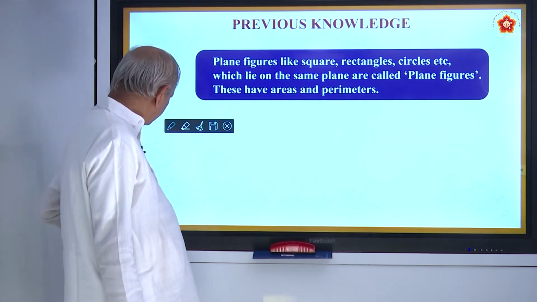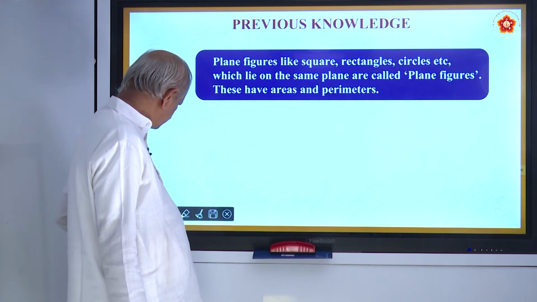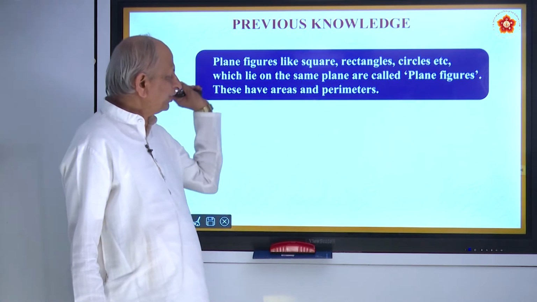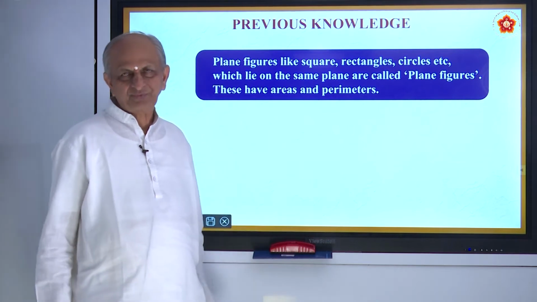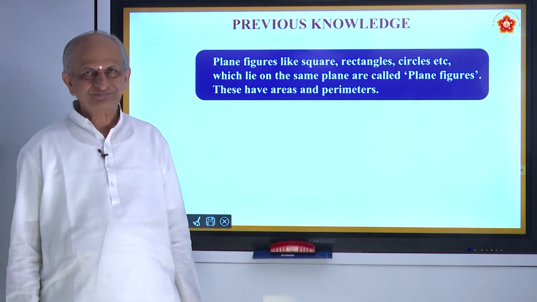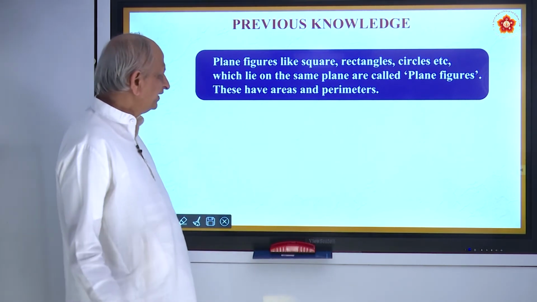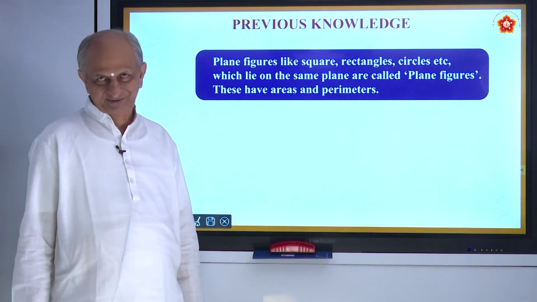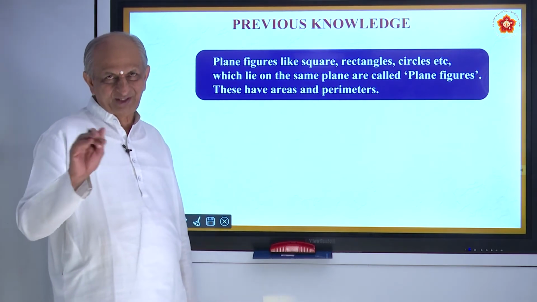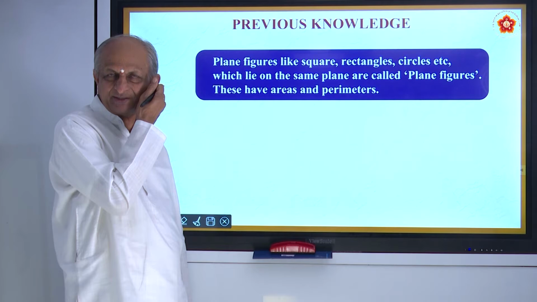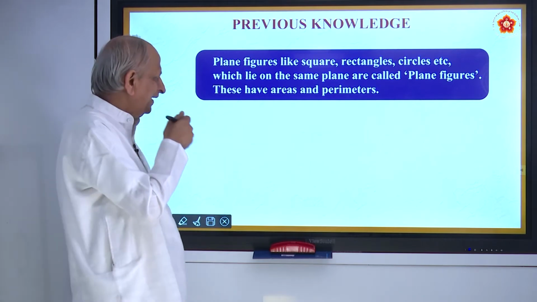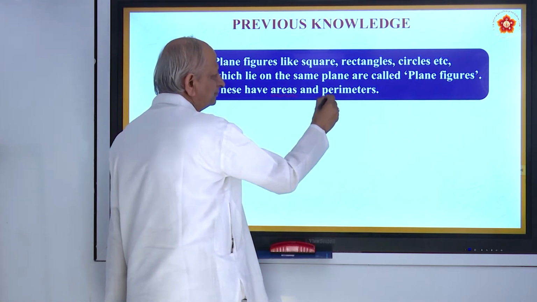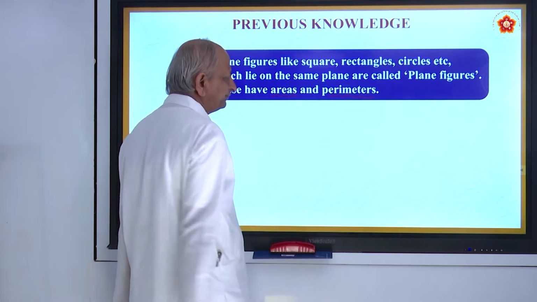Why are they called plane figures? Because they can be drawn on the board or in the book. Or in other words, they are two-dimensional figures which have length and breadth or radius, etc. And hence they will have areas and perimeters.